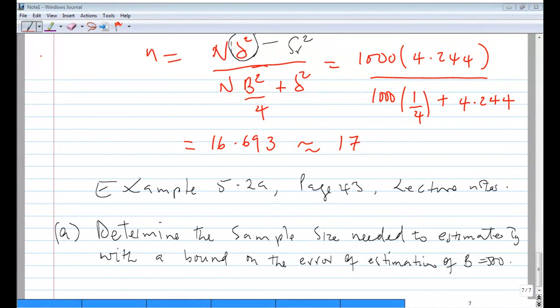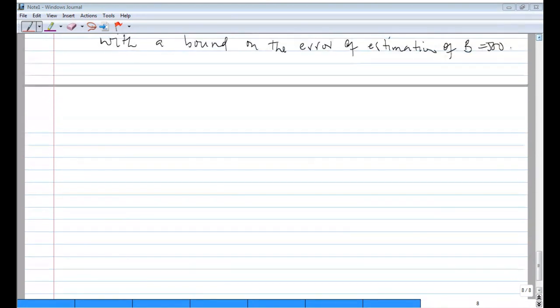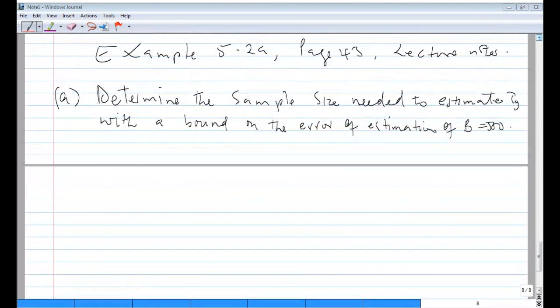They gave you a population size, N equal to 2,100. And another given information, tau x, is equal to $45,000.